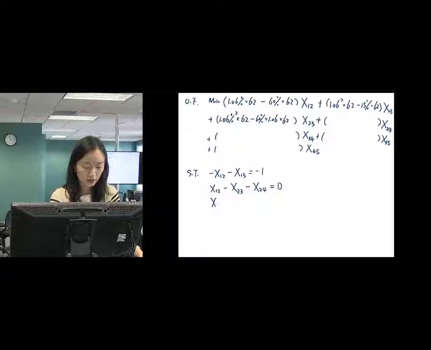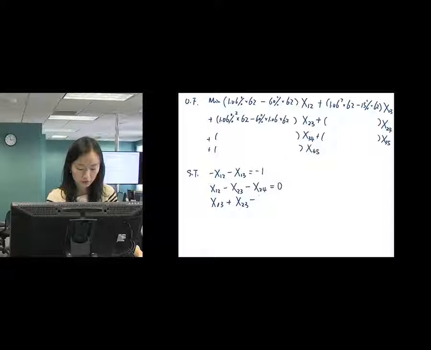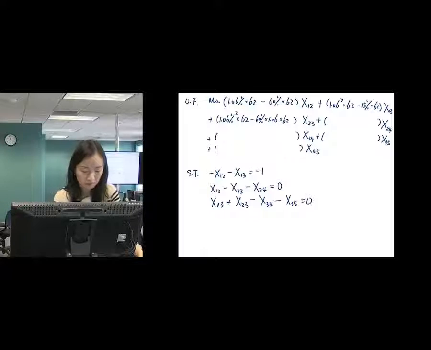Then for node 3, x23 minus x34 minus x35. For node 4, x24 plus x34 minus x45 equals 0.